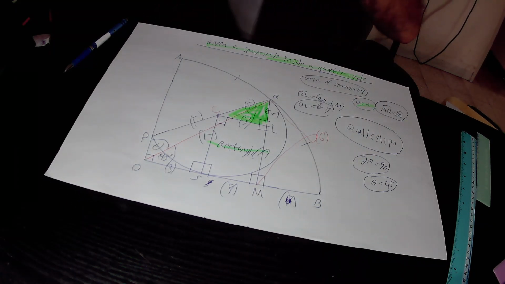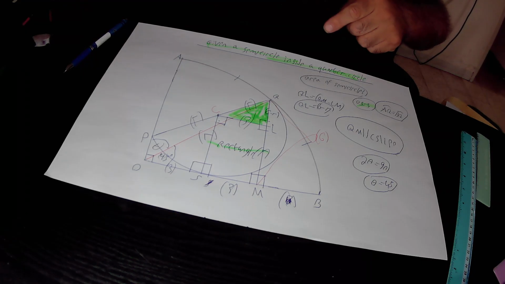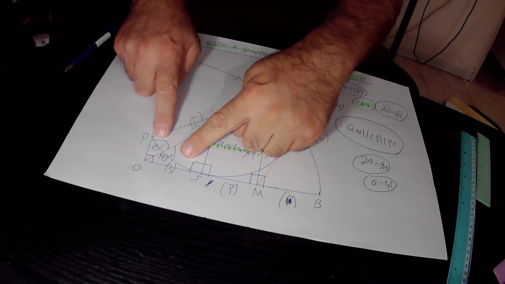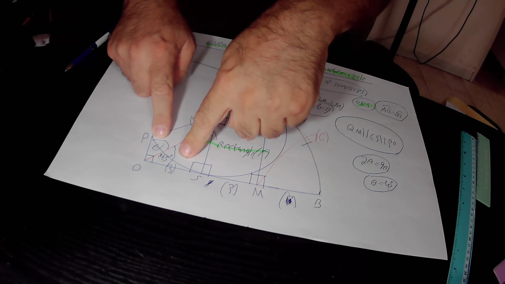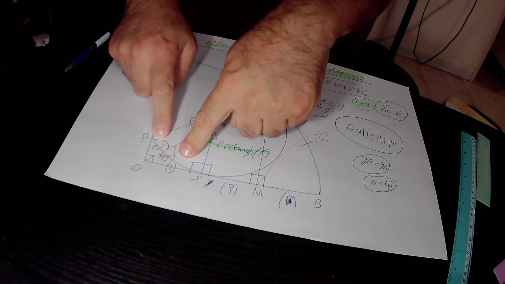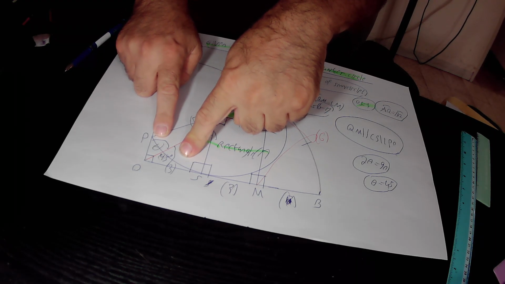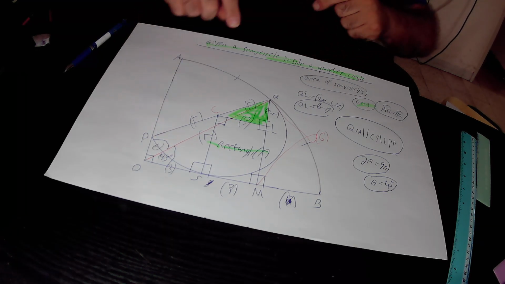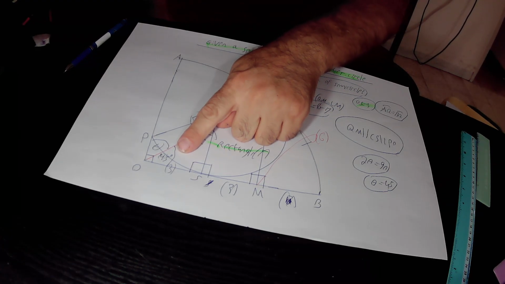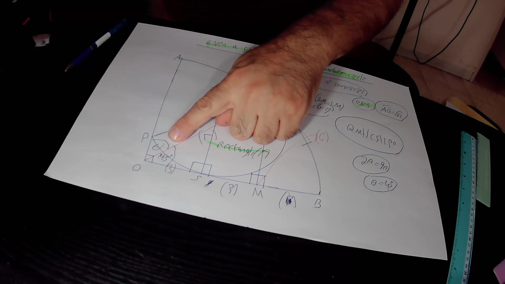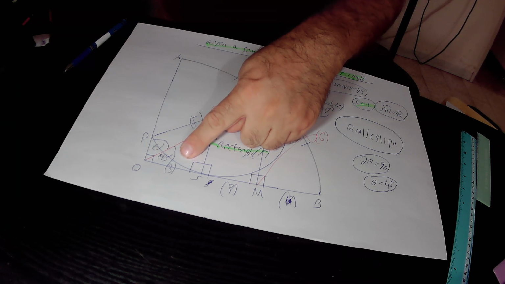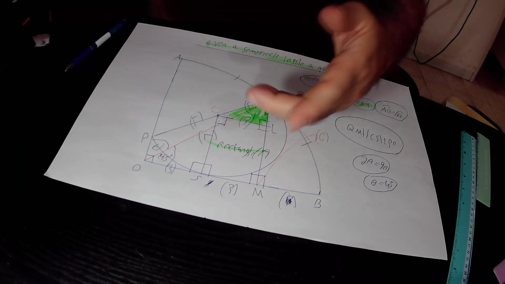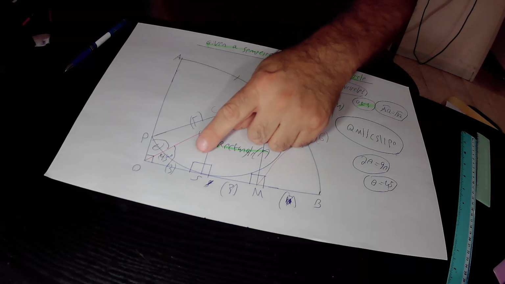So, as I mentioned before, because those two central angles subtend equal arcs, that is to say AQ and QB, they must be equal to each other in size. If we define the size of angle POQ as theta, then the size of angle QOB must also be theta, because they are equal.